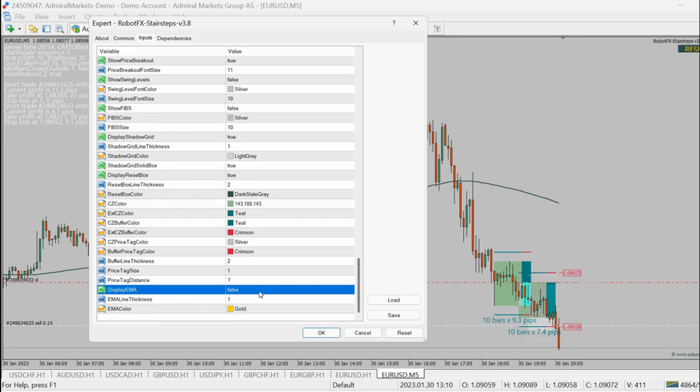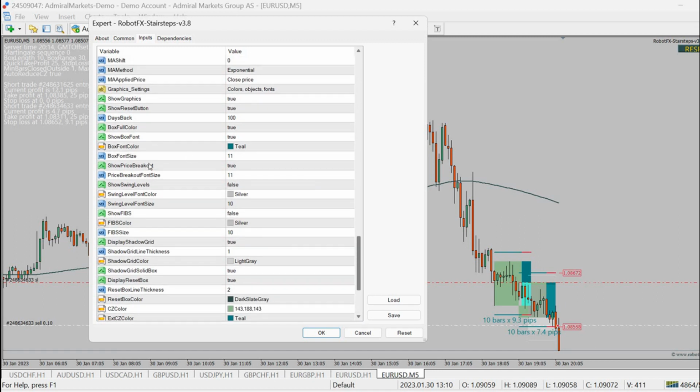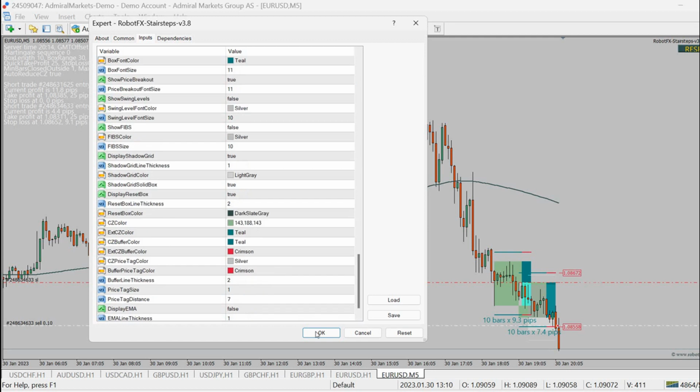And also the possibility to show or hide the moving average, the levels, the font size, and their colors. I guess they are self-explanatory, and since this video is long enough already, I'm going to skip explaining them.